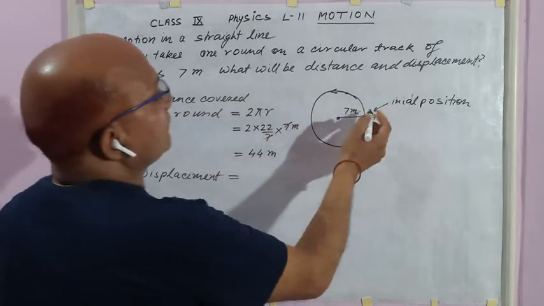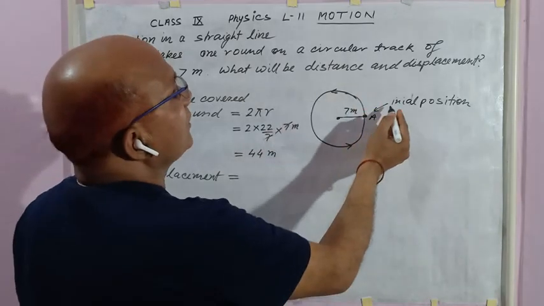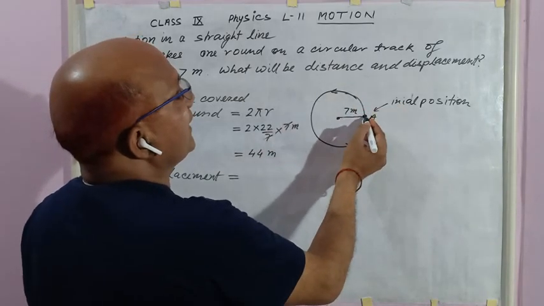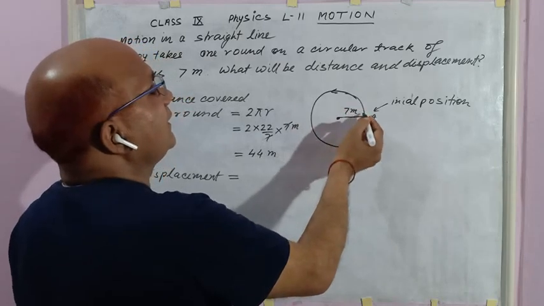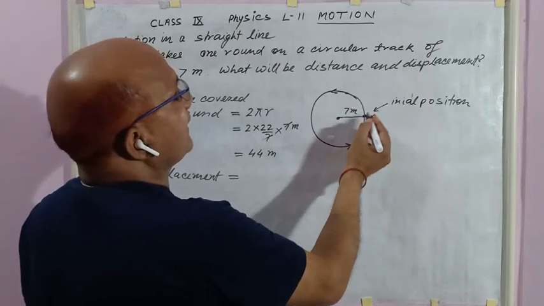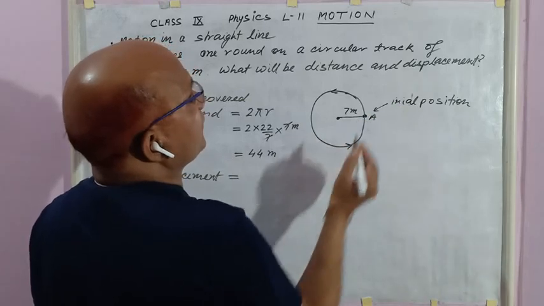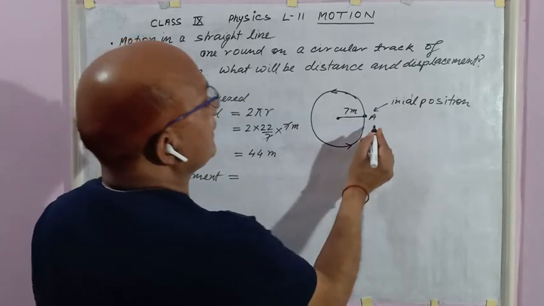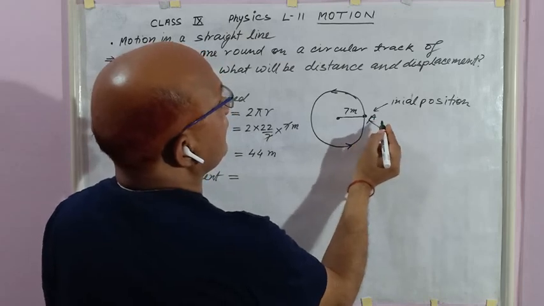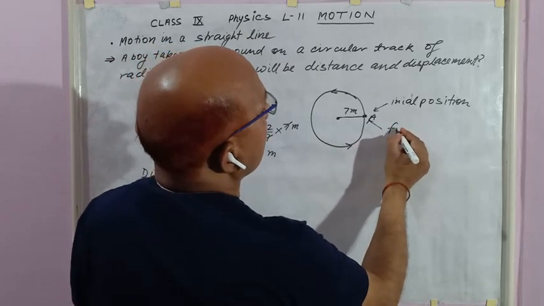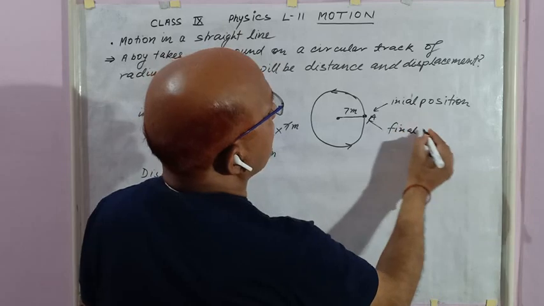So in this case, when he takes one round, he starts from A and he ends one round at A. So initial position and final position are same. In this case, A will be the final position.